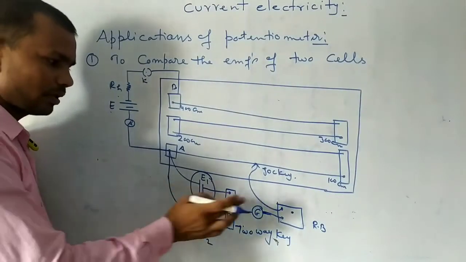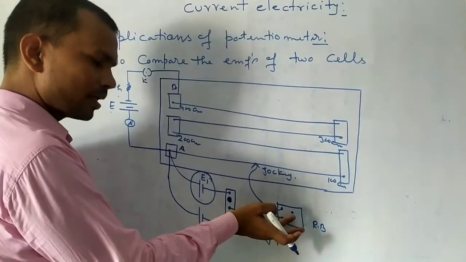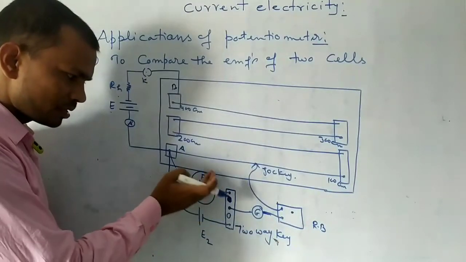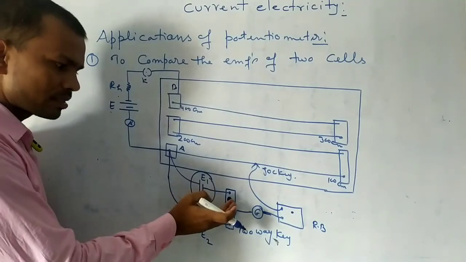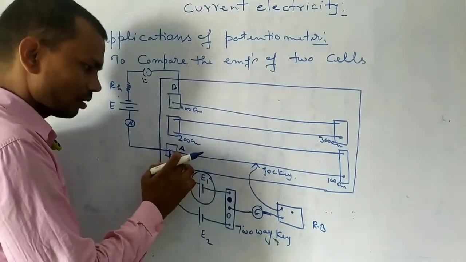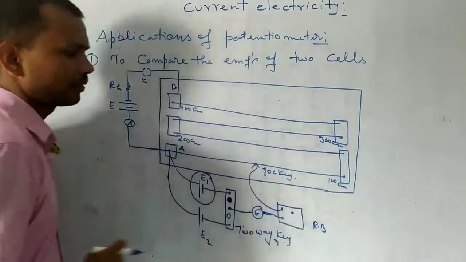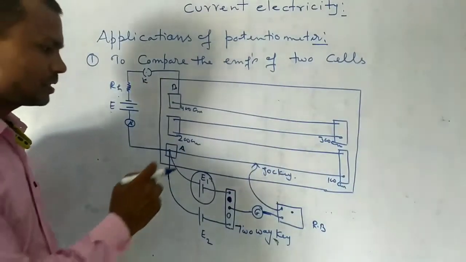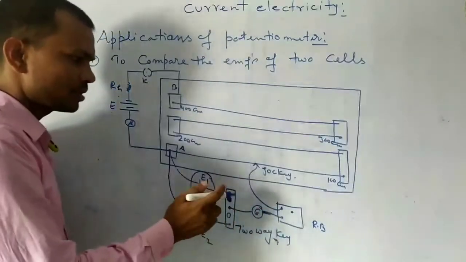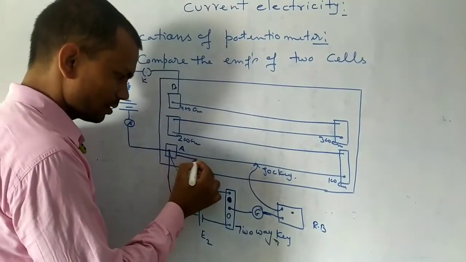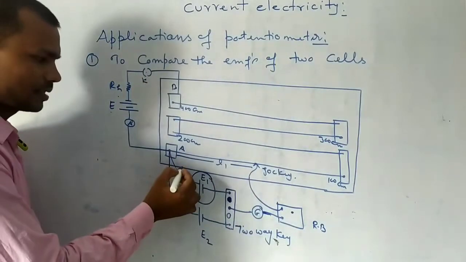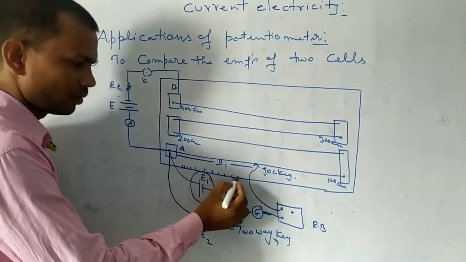So when we take out the high resistance from this resistance box and introduce this cell by closing this, then you have to slide this jockey over this wire, and suppose at some point the galvanometer shows no deflection. Suppose this is the length L1, and here there is a scale.